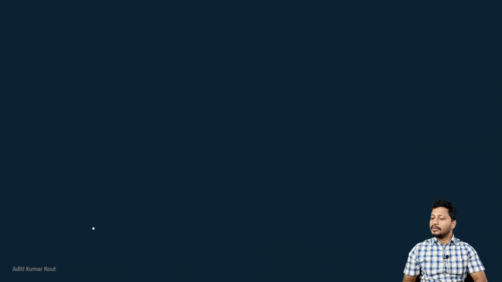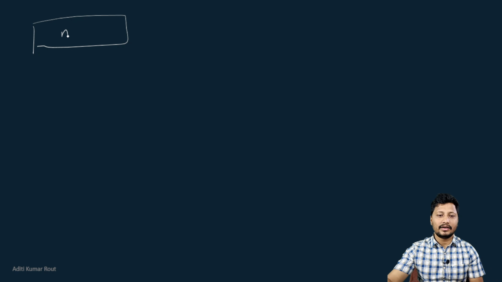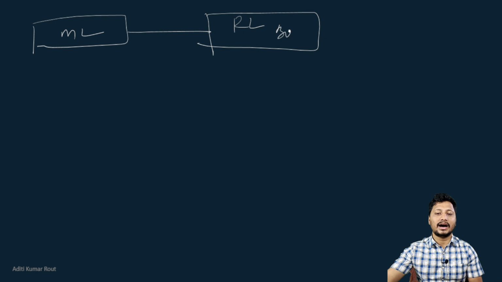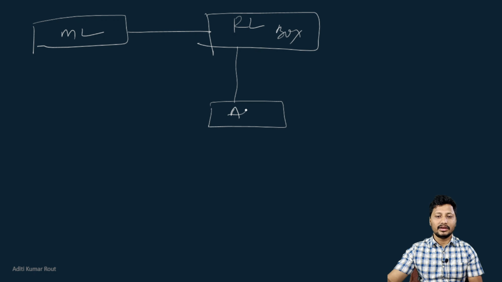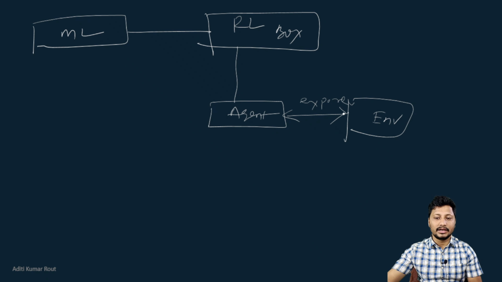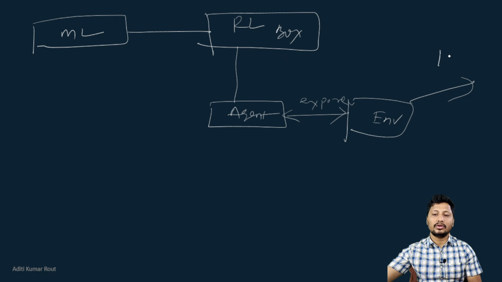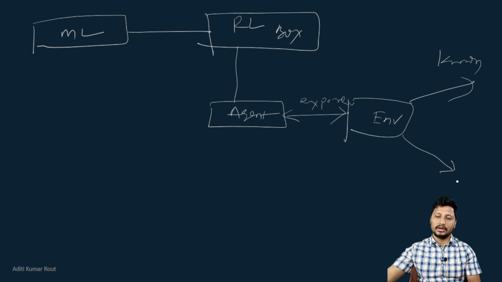If I summarize, first of all, it is basically our machine learning. From machine learning, we have all the information. This is the RL box, right? From the RL box, the agent will explore the environment. This is two directional because it will communicate. It may be a known environment; I will put a different video related to known and unknown environments completely.